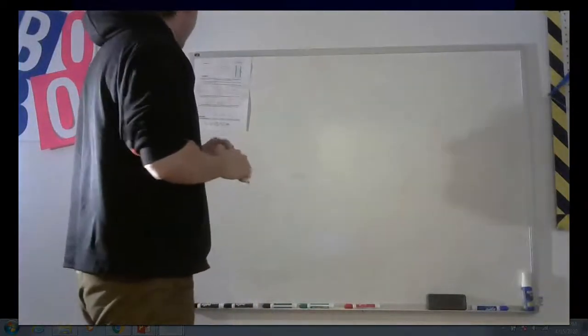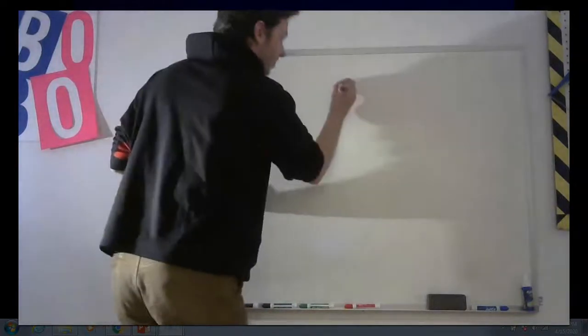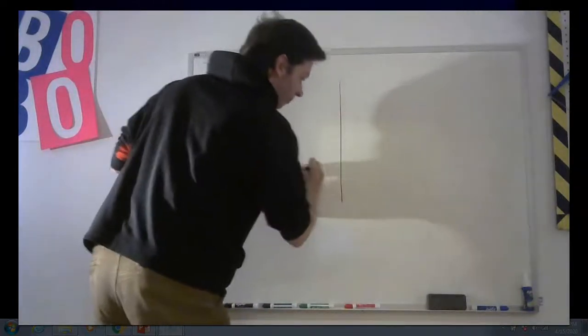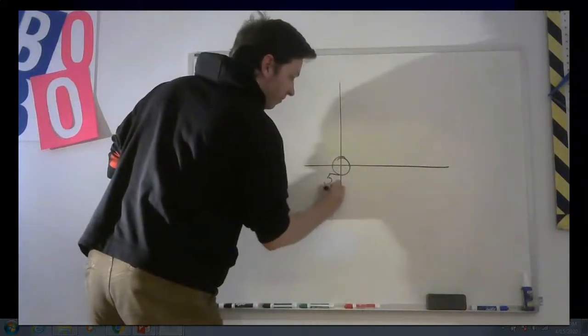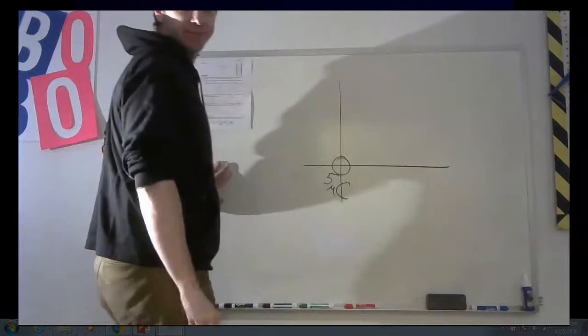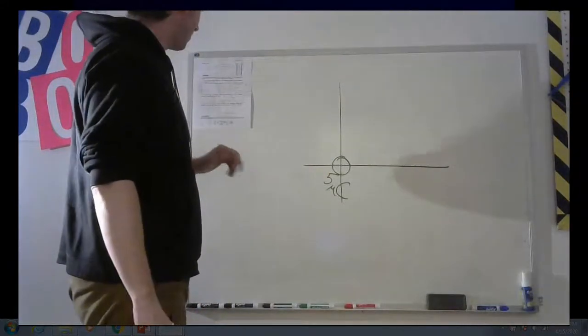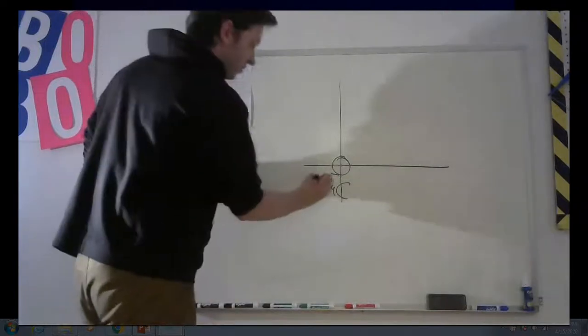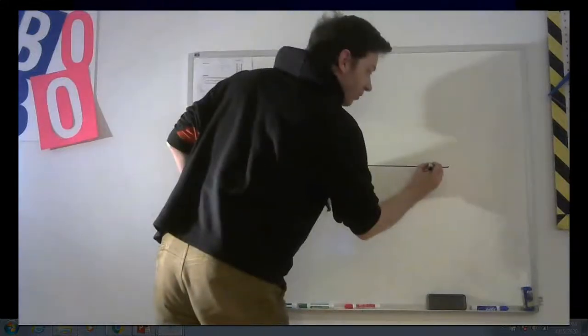All right, so in this problem, we have a 5 microcoulomb charge located at the origin. So we're going to draw a little coordinate system here, and right at the origin, we have a 5 microcoulomb charge. And a second point charge of minus 2 microcoulombs, so this one's positive, is on the x-axis at a point (3, 0).